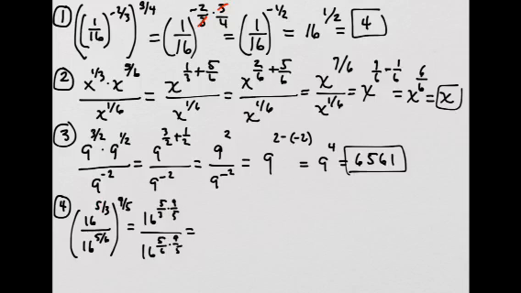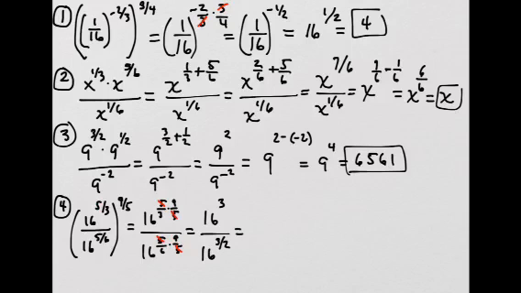And so then the 5/5 cancels, 5/5 cancels, and so you're left with 16 to the 9/3, which is 3. And in the denominator, 16 to the 9/6, right? So I'm going to reduce it by 3 and get 3/2.